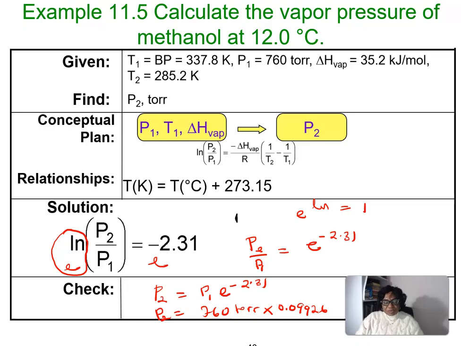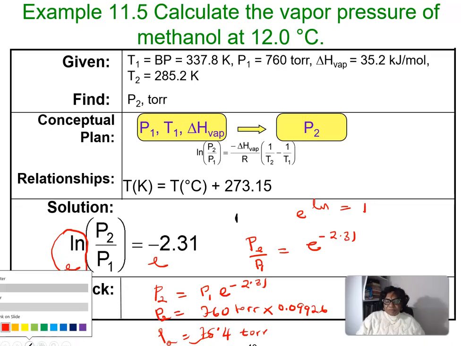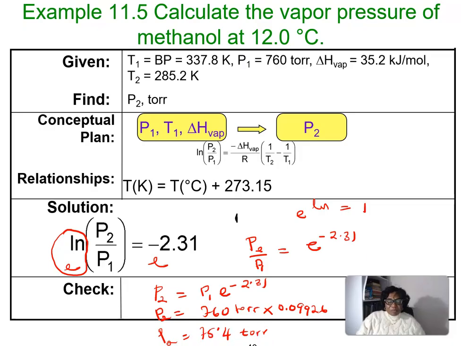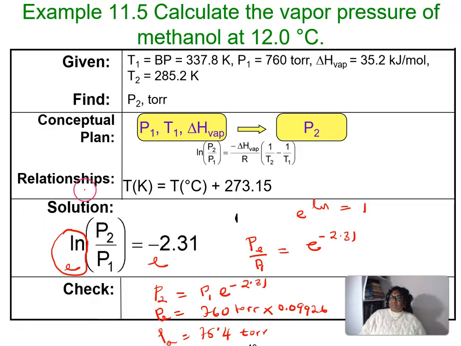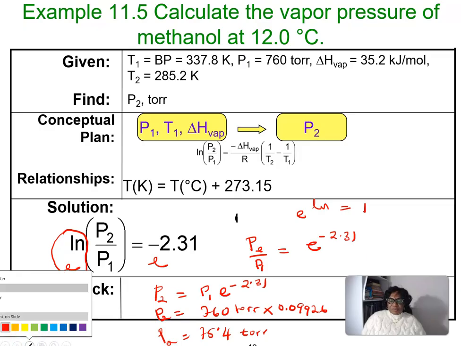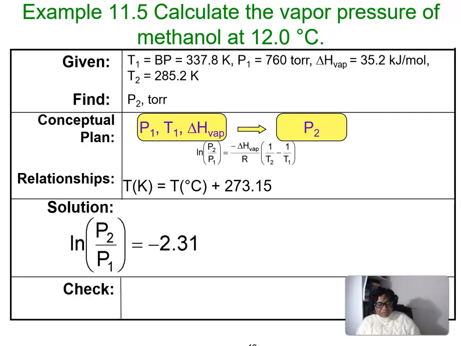So our P2 will be equal to 75.4. So that is what we are going to have as our P2. So let's continue.